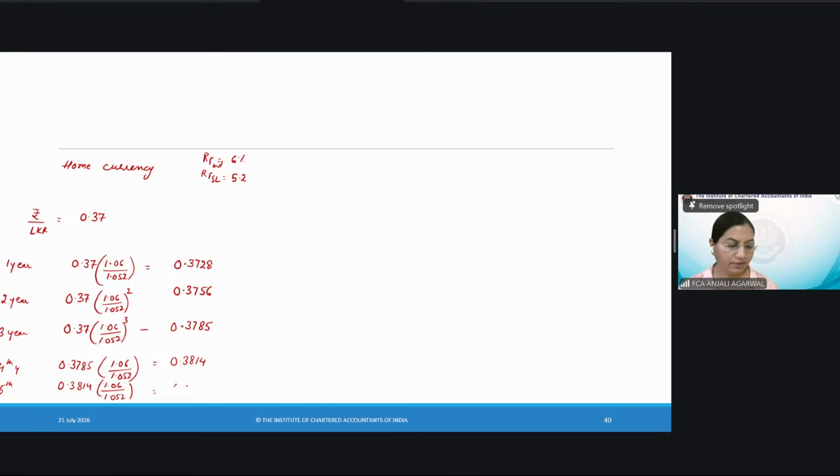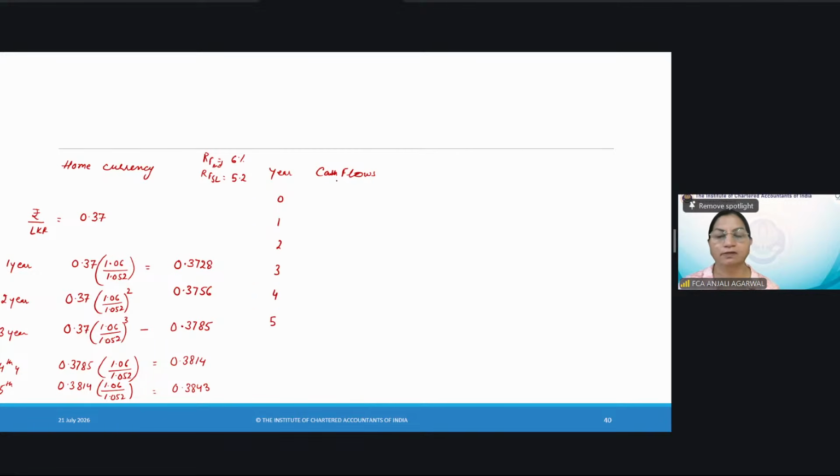This is 0.3843. So first we will have to calculate the forward rates. Now we will have cash inflows. Year 0, 1, 2, 3, 4, 5.